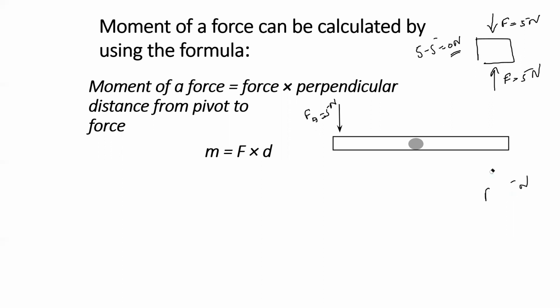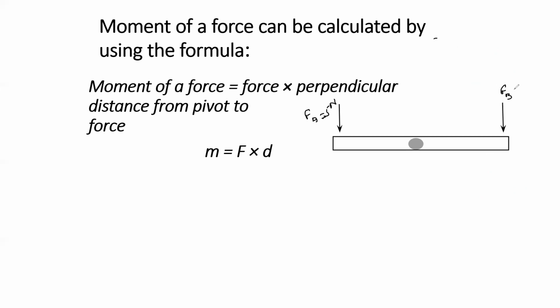So another example, I will use the same numbers now. FA and FB, both are 5 Newton and at a distance of 4 meter from the pivot.